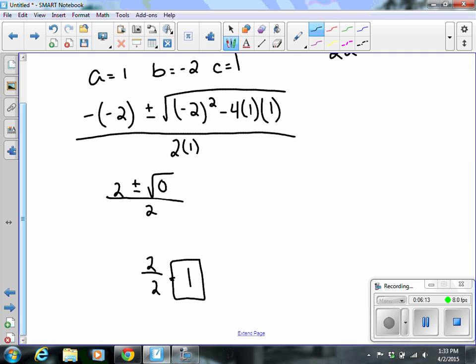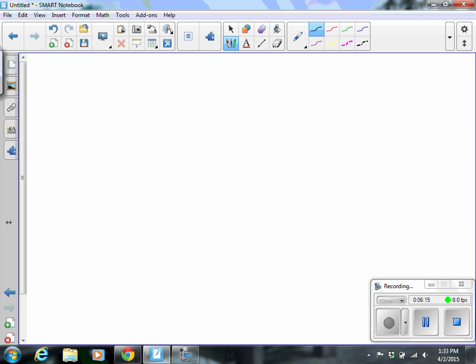All right, we're going to go through one more in which our square root might not simplify perfectly. So I have x squared minus 10x plus 22 equals 0.